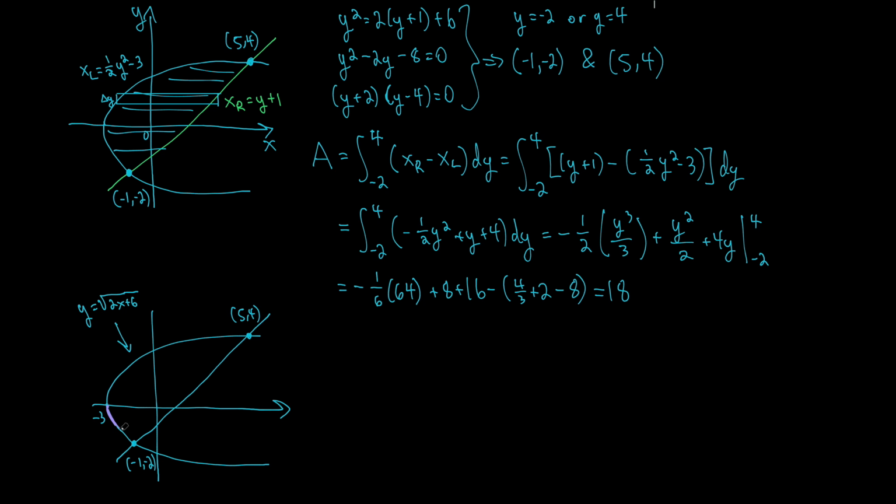This curve over here becomes y equals minus square root of 2x plus 6. So then this curve, this green curve, is still y equals x minus 1.